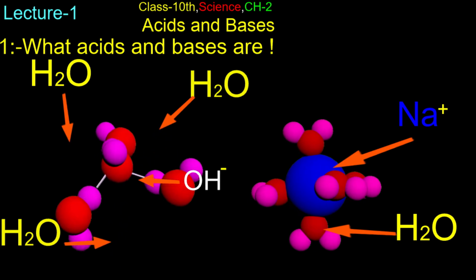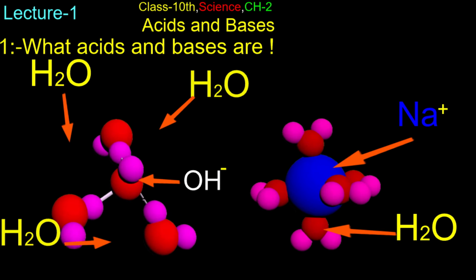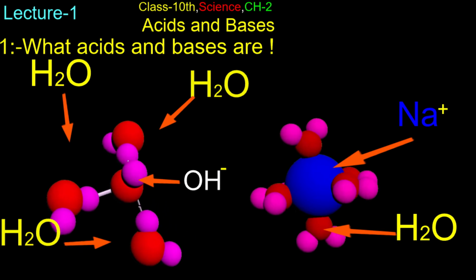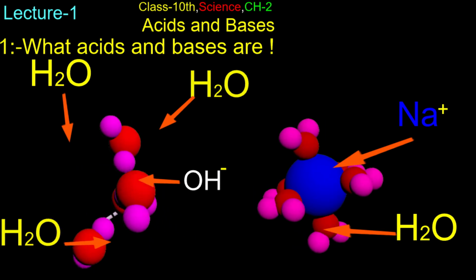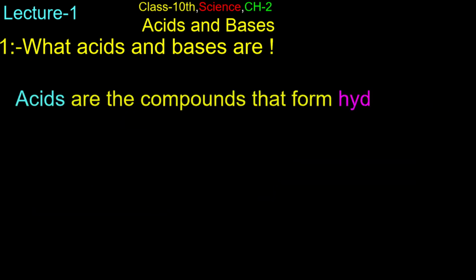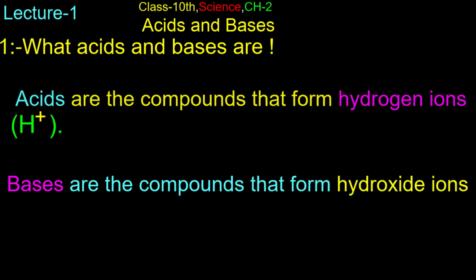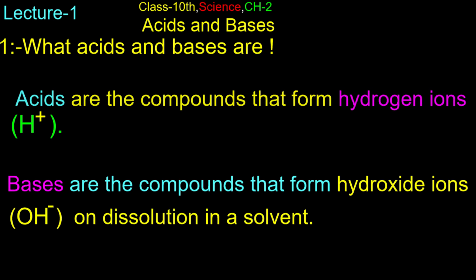These ions are hydrated by water molecules. We can say that acids are the compounds that form hydrogen ions and bases are the compounds that form hydroxide or OH- ions on dissolution in a solvent. This is just one acid-base concept.